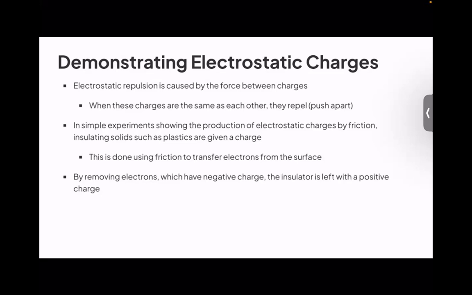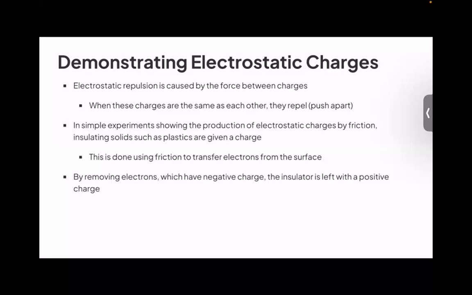Static means not moving, right? Unlike in an electric circuit where the charges are actually moving, we show electrostatic charge by friction. If we rub any surface, it produces a difference in charges.